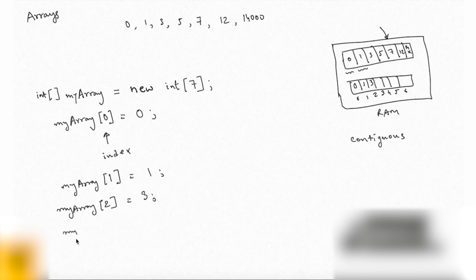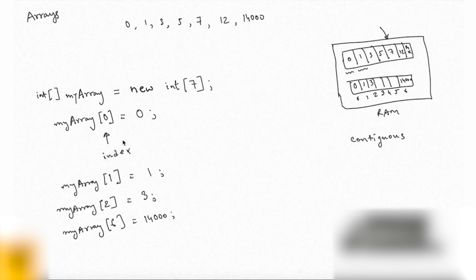We can then say my array, and the 7th location, which is this one, the index is 6. We can say 14,000, and so 14,000 would be stored here. And in this way, we can populate our array.